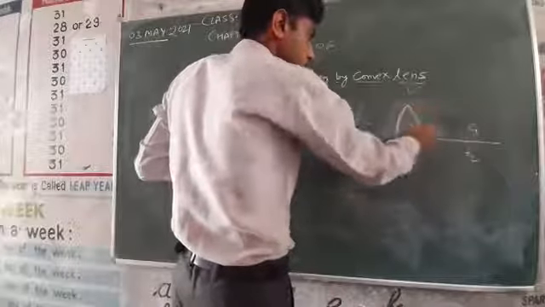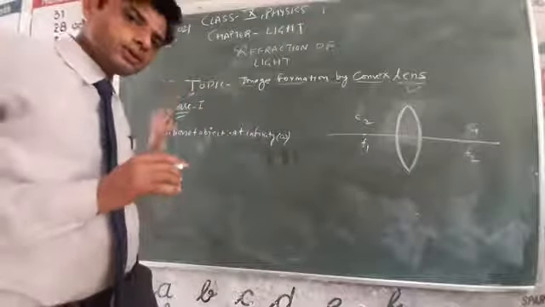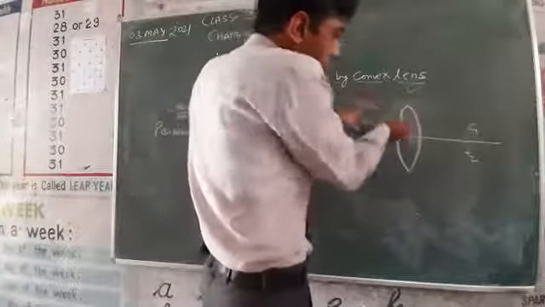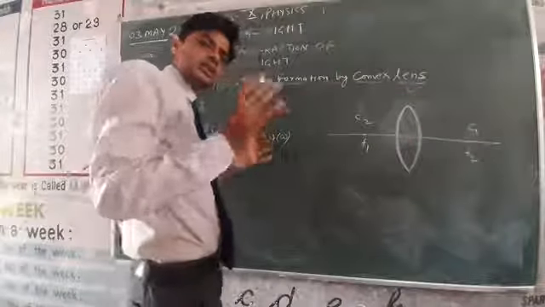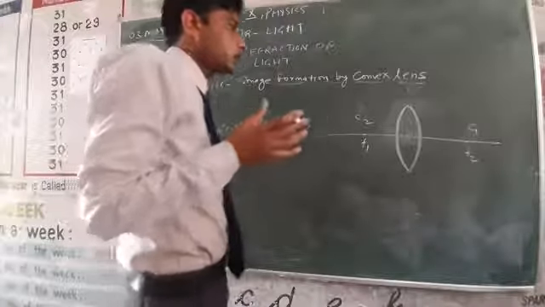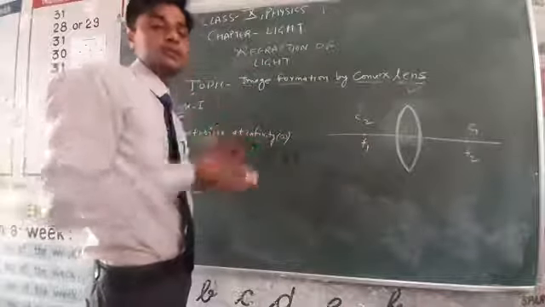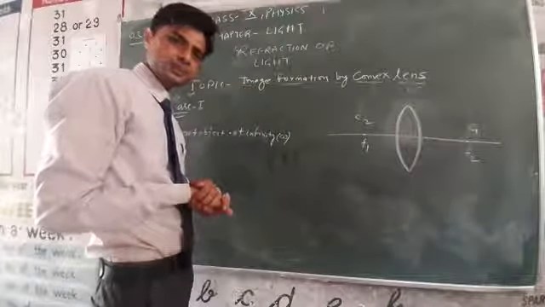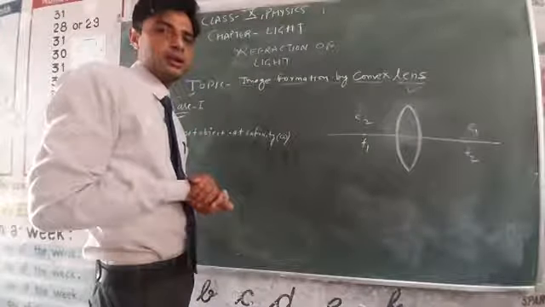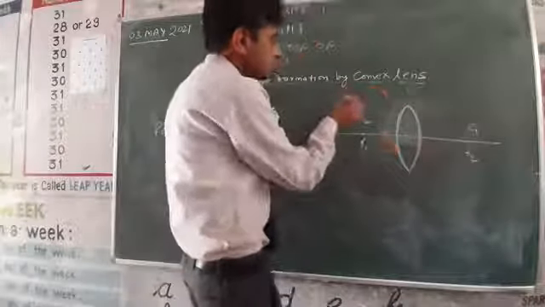towards this convex lens, and the rays of light come from infinity, when these rays come near to the convex lens, these rays of light approximately, or you can say, become parallel to each other. All the rays of light become parallel to each other.